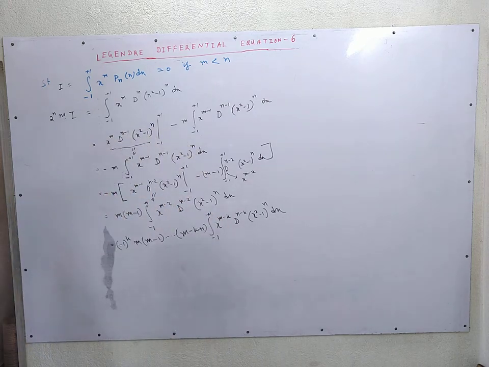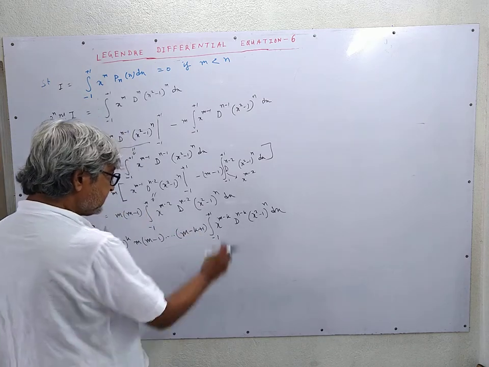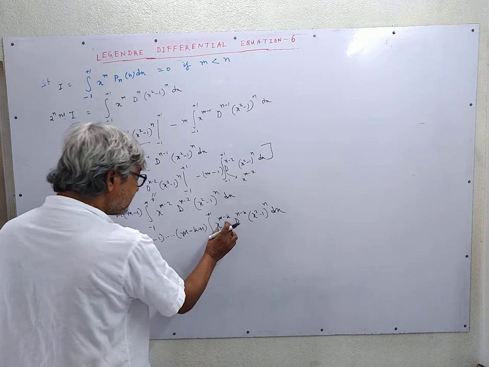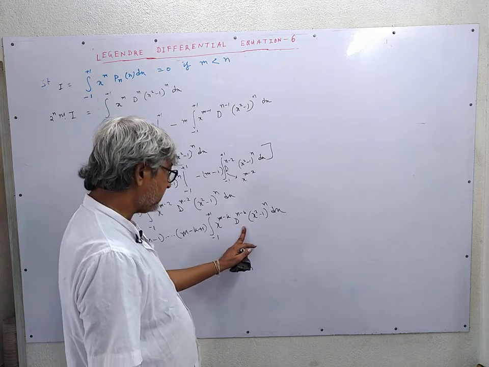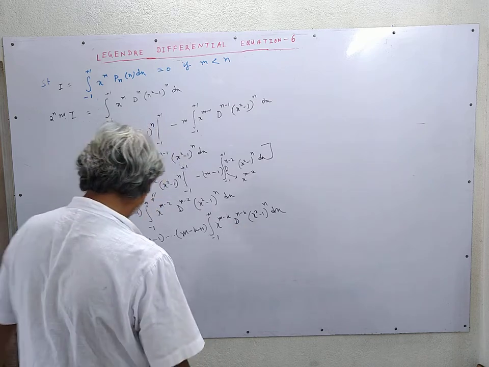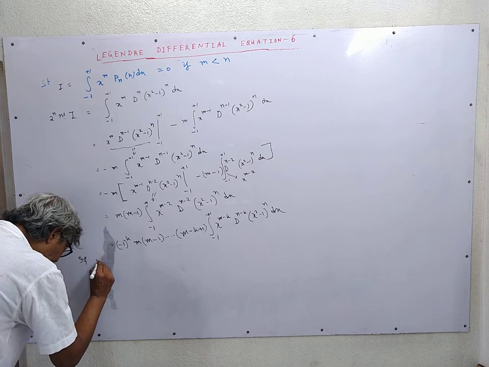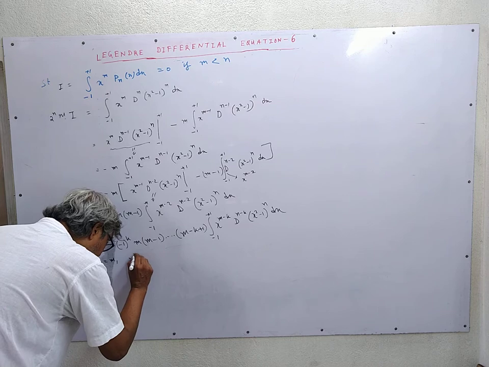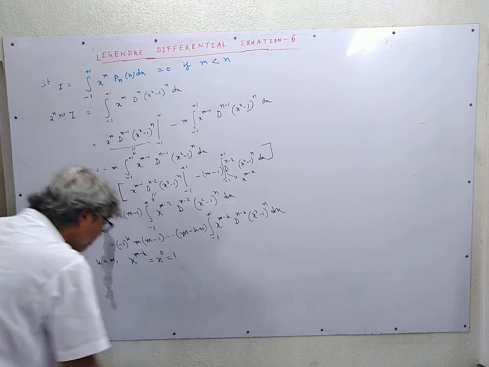You see that if k is equal to m, this is a constant, and for k greater than m, this integrand is 0. Coming to this part, what happens if k is equal to m? x to the power m minus k is x to the power 0, which is equal to 1.